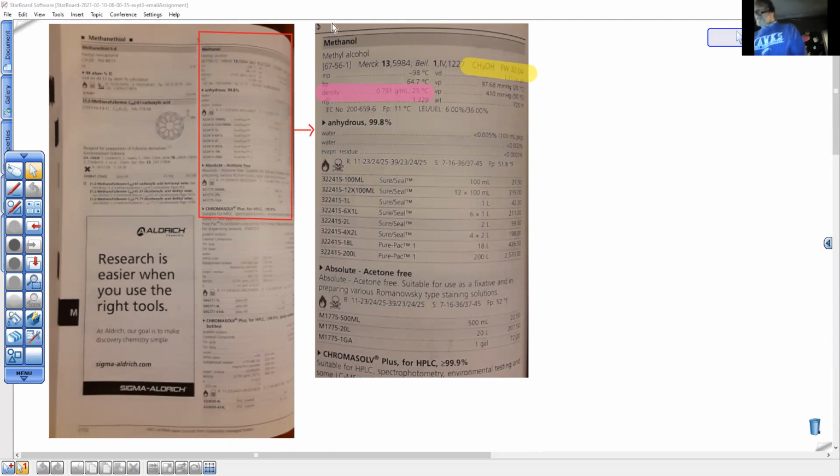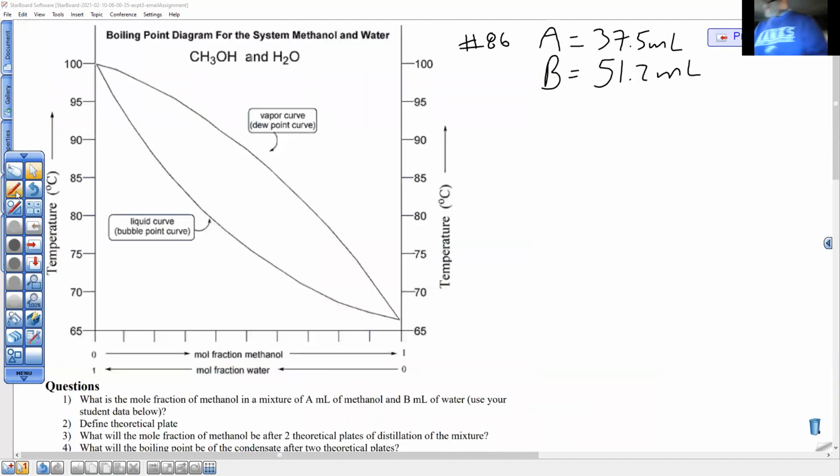I only need this region because it has the data I need: the density, 0.791 grams per milliliter, and the formula weight, 32.04. If we don't know formula weights, then we're in trouble. Those are grams per mole, and you will not be told that. 32.04 grams per mole. That's methanol, so let's work on that.